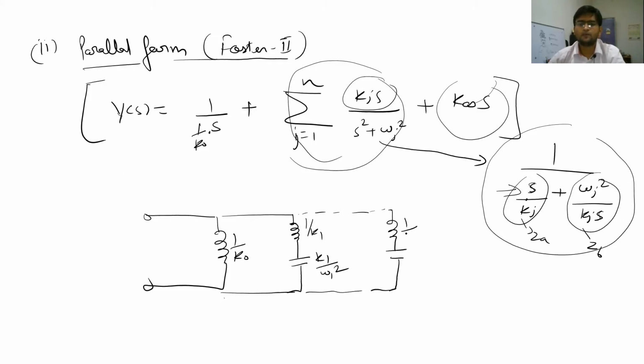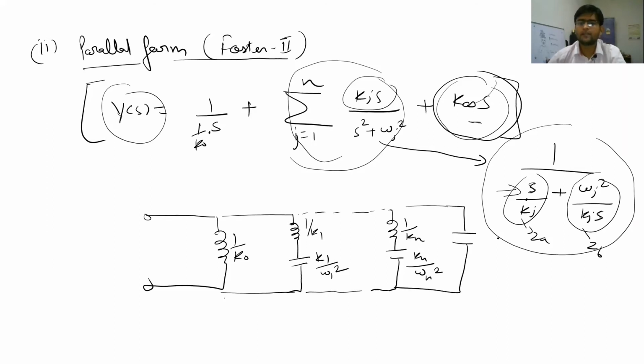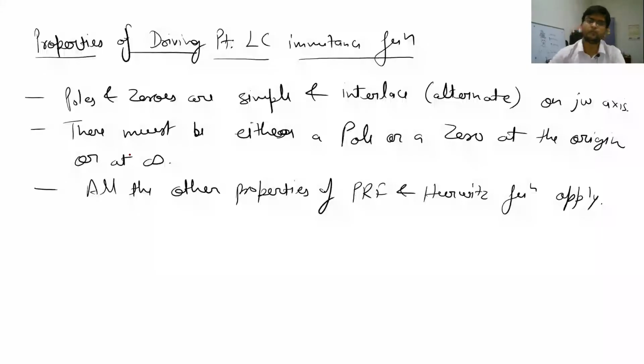The last one's values will be 1 upon kn, and kn divided by omega n square. And finally, in the end, you have a component k infinite s. Since this is an admittance function, this will represent a capacitor, so its value will be k infinite, right? So this whole function represents Y(s). This is your Foster second form of the LC immittance function or admittance function.